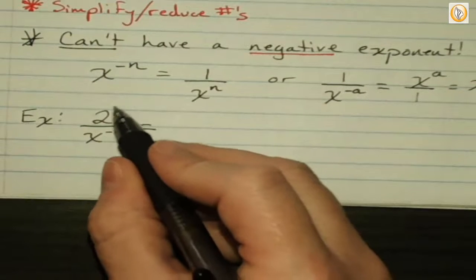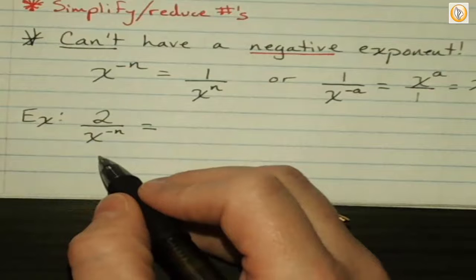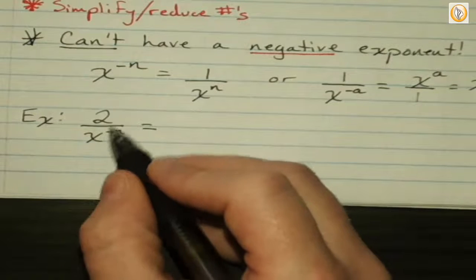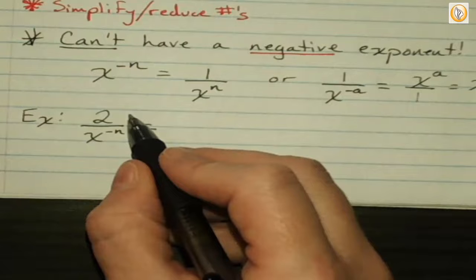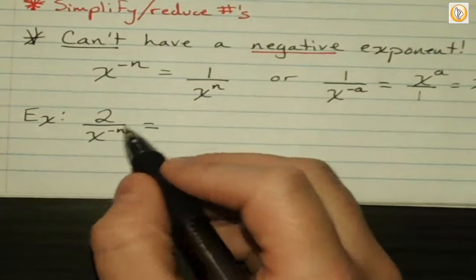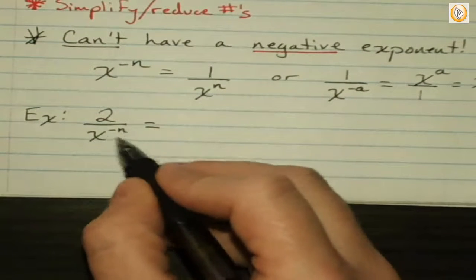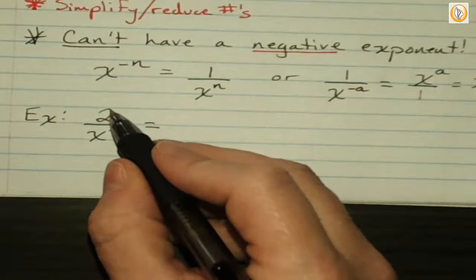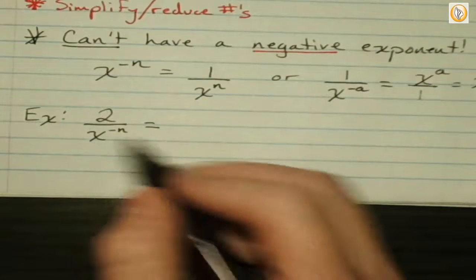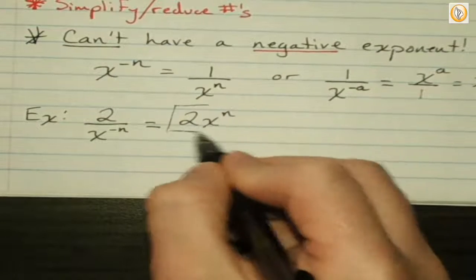Does it have a negative exponent? Can it stay right where it's at because there's nothing wrong with it? Yes. So the only thing I need to move up is this, right? Y'all see that? There's nothing wrong with the 2. There's no reason to move it down. So then there's my answer.